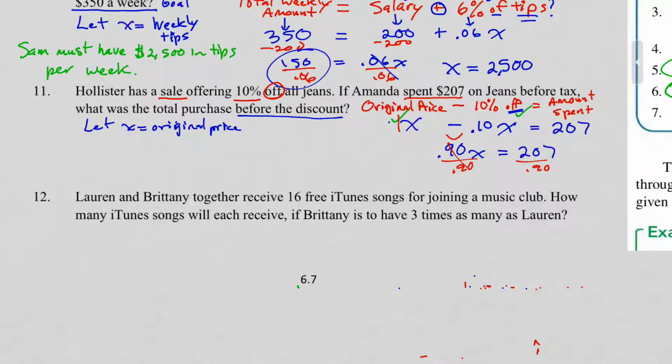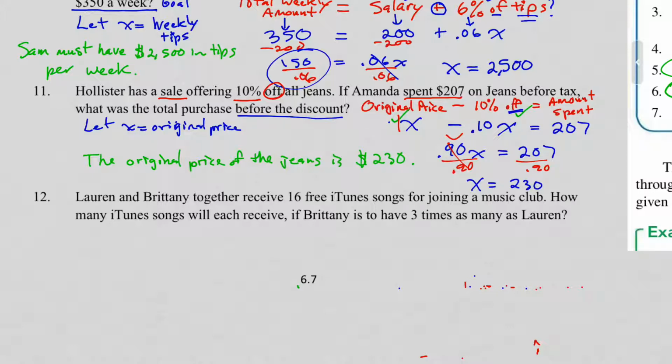And get 207 divided by 0.9 is going to be 230. Now 230 is not an answer. Okay. So the original price of the jeans before the discount is $230.